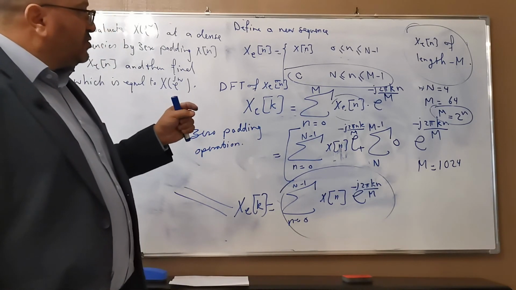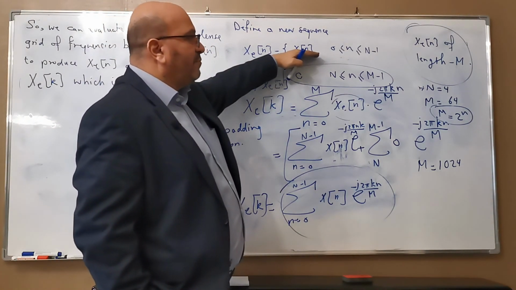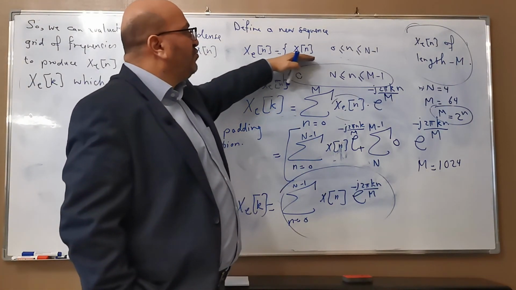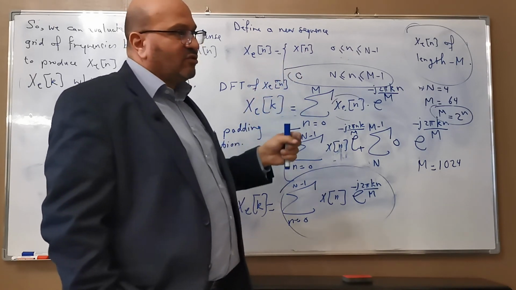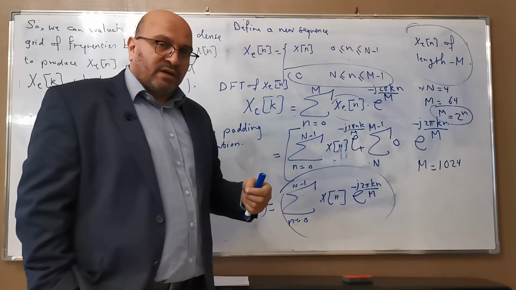We just need to mention that when we found x of k for x of n with 4 samples, x of k also had 4 samples of frequency. So 4 samples are not representative of the frequency domain spectrum of x of n.